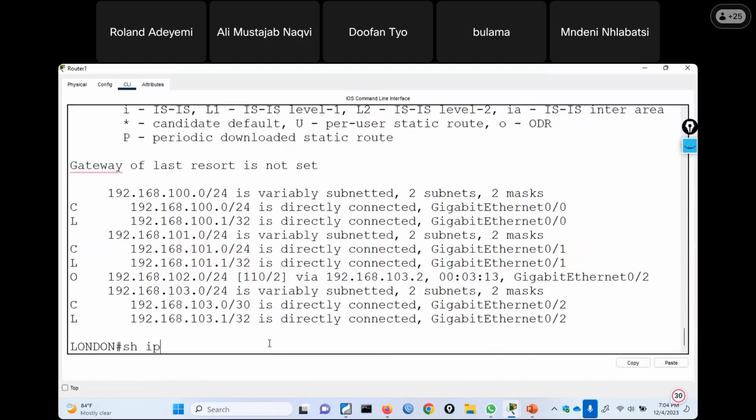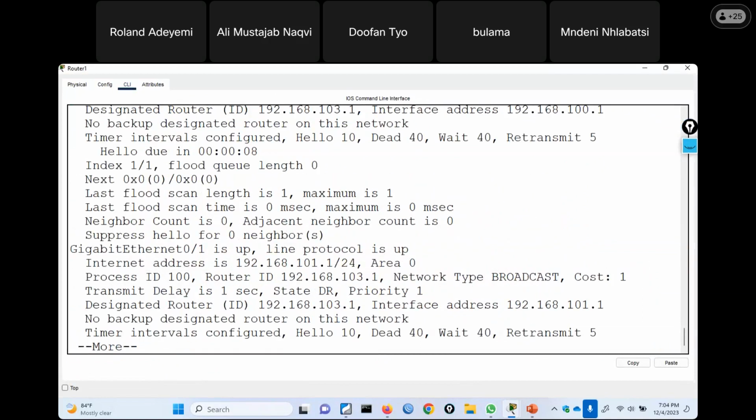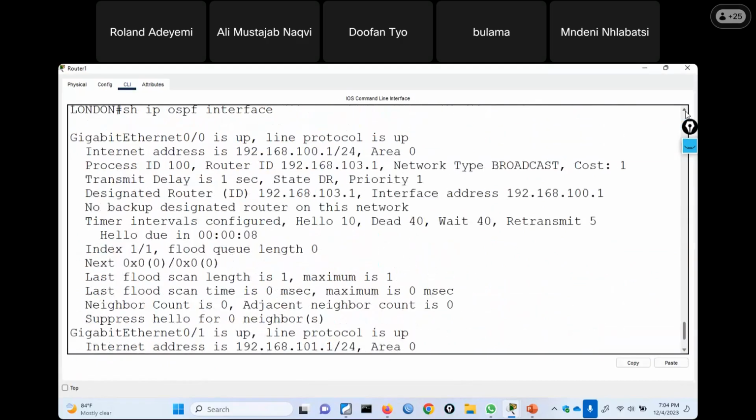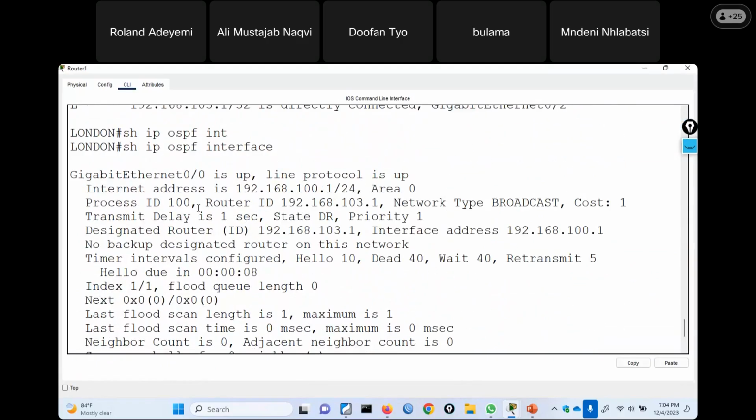Show ip ospf interface. I don't want to put brief. Let's go somewhere and see. Look at the ID of this router. My London router decided to pick 192.168.103.1.